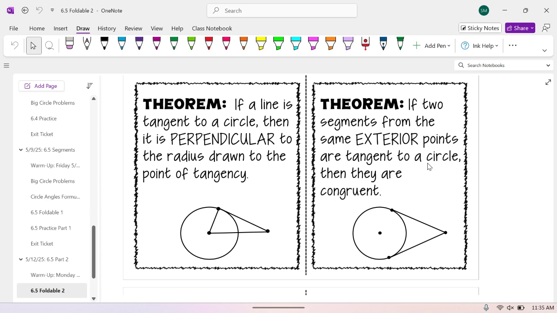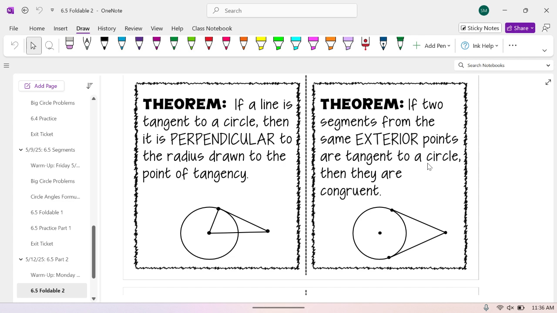So this is the center C. What do these two lines show? That the chords are what to the center? Equal distance. So they're equal distance from the center. That means that they are what? Congruent. All right. So these chords are congruent.